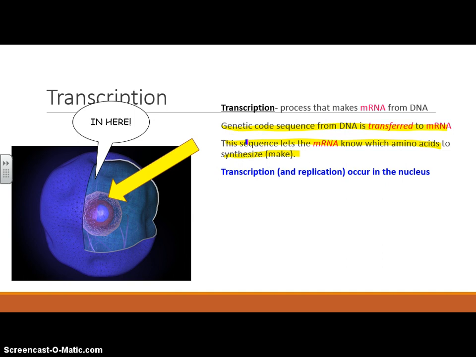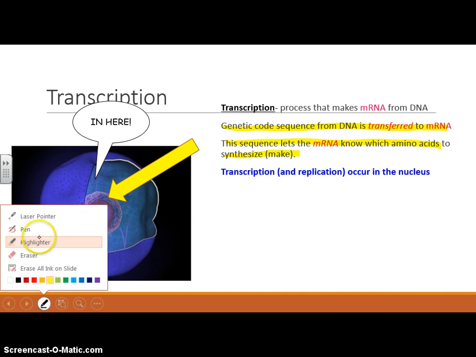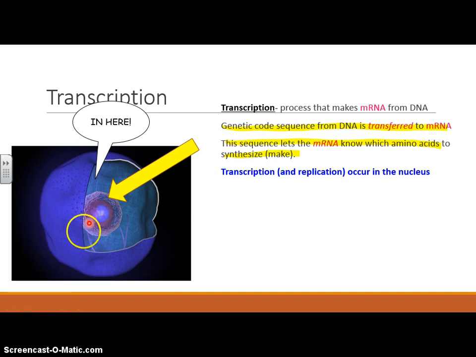So you'll notice a picture of a cell over here. That picture of a cell is there because I'm trying to remind you where transcription happens. Transcription happens in the nucleus of our cells, right in there. And transcription is the process, remember, of making RNA from our DNA.